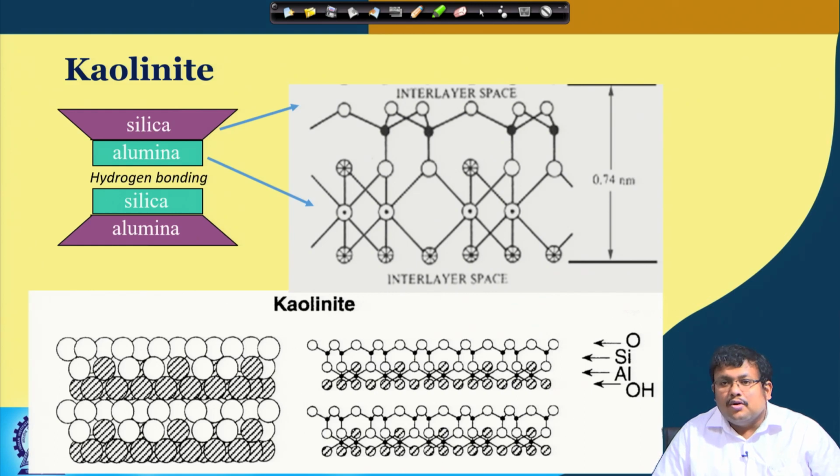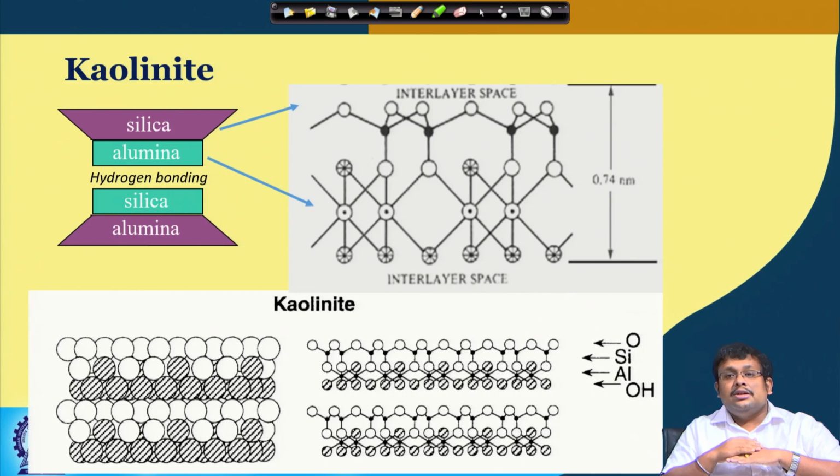nutrient poor. We will discuss that later, but one thing is clear from this structure, that one tetrahedral layer shares its apical oxygen with the octahedral layer, producing a 1:1 layer structure.